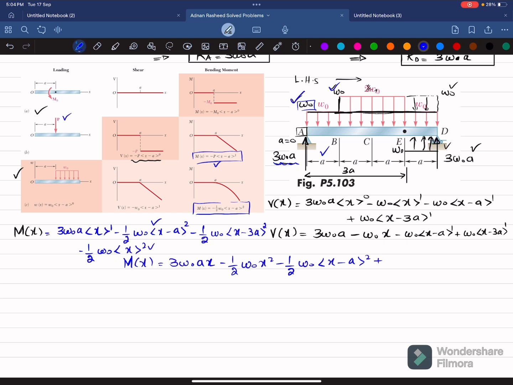Plus, for this load, this is upward, so this will be plus 1 over 2 W naught into x minus 3a whole square. And this is, let's say, equation number 2. So this is the equation of shear force, and this is the equation of bending moment for the beam and loading shown.